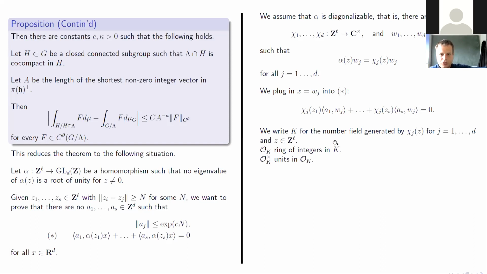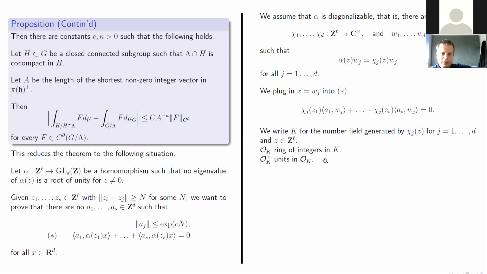An algebraic number is an algebraic integer if it's a root of a polynomial with integer coefficients whose leading coefficient is 1. I denote by O_K the ring of integers inside K. That's a subring of K which consists of all the algebraic integers inside K. And I denote by O_K^* the units inside O_K.